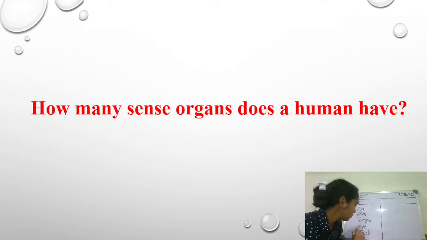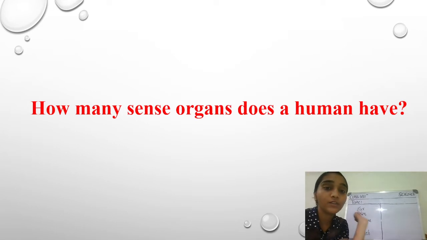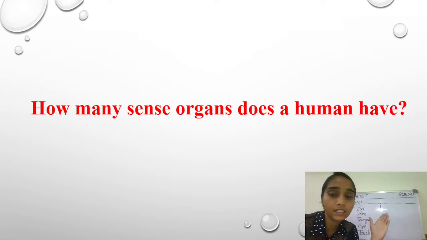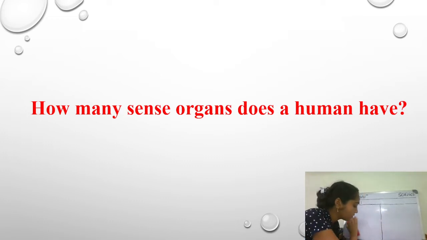Yes, very good. So students, now if I ask you which sense organ helps us to see the things? Yes, it is responsible to see the things. The vision, yes, that is the eye. Very good, students.